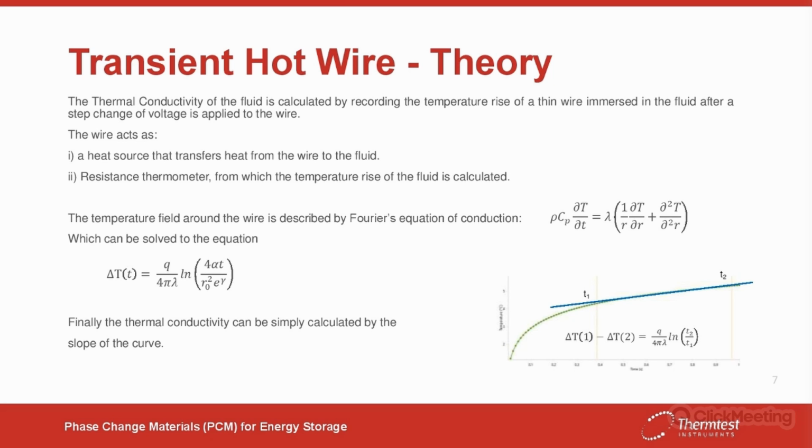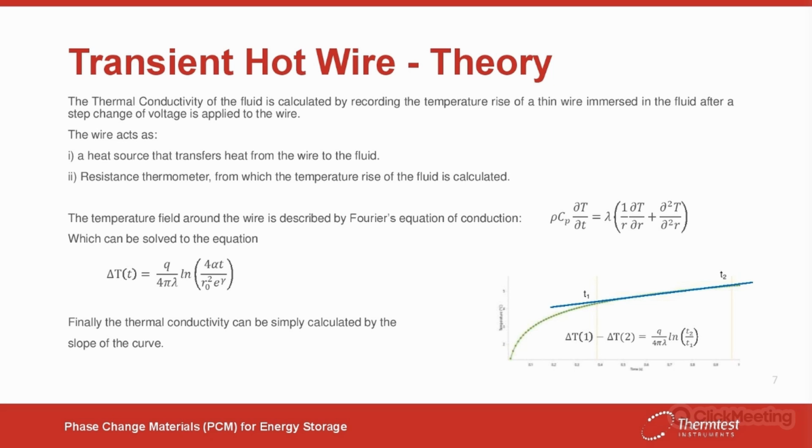In order to calculate the thermal conductivity of the fluid, we record the temperature rise of a thin wire when this is immersed inside the fluid after a step voltage is applied to the wire.